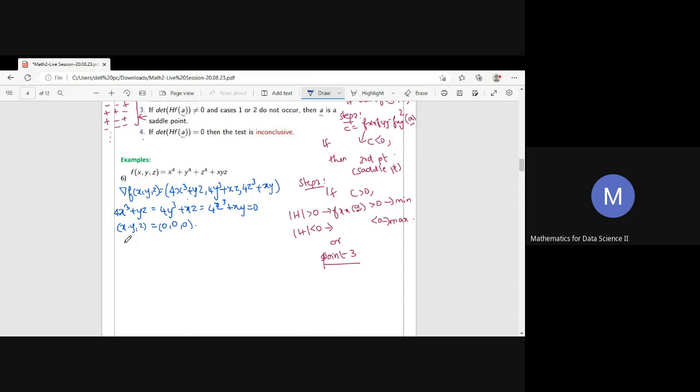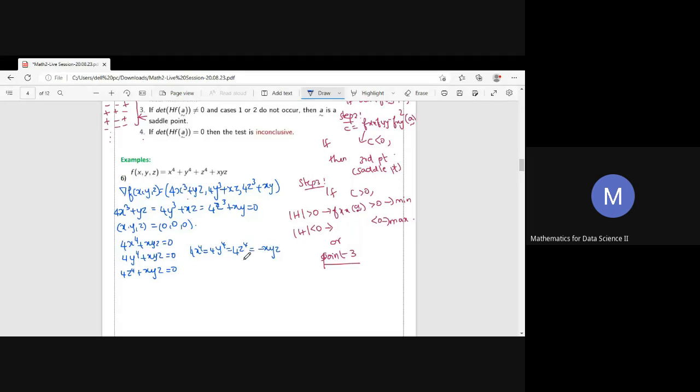So you get 4x power 4 plus xyz equal to 0, and 4y power 4 plus xyz equal to 0, and 4z power 4 plus xyz equal to 0. Now from this you get 4x power 4 equal to 4y power 4 equal to 4z power 4 equal to minus xyz, right?